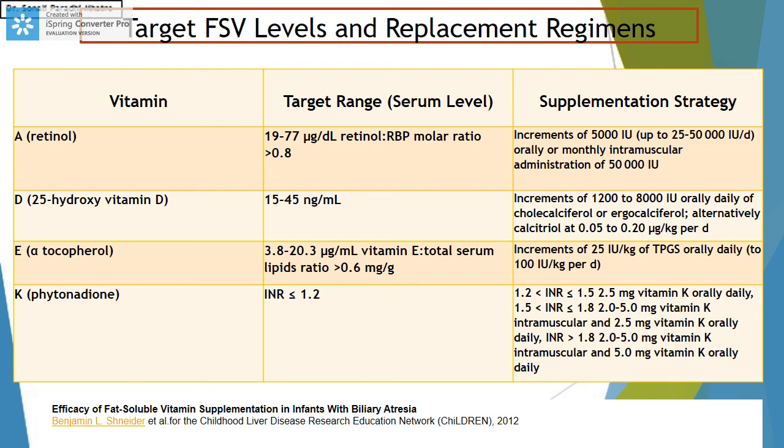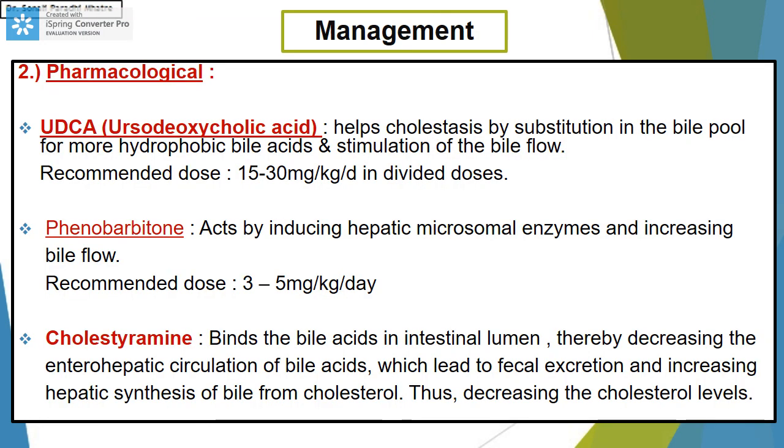This is one of the references that I got. This is a 2012 reference. It gives the target fat soluble vitamin levels and the replacement regimens which have to be given, as you can see, A, D, E and K. Now coming over to the pharmacological treatment, the first and foremost is UDCA, that is ursodeoxycholic acid.